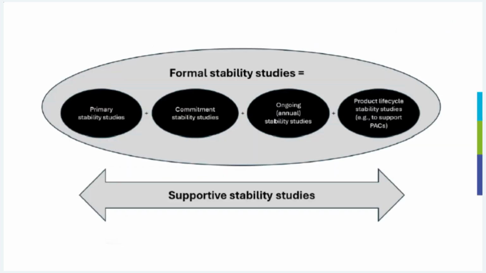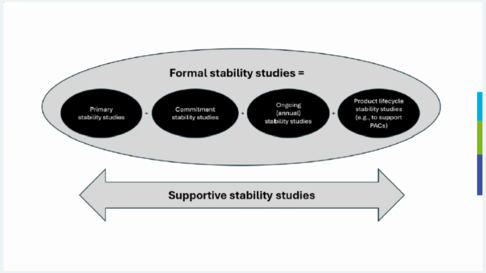In ICH Q1A, they have this figure, and it shows all of the formal stability studies. First one is primary stability studies. These are the studies that you are submitting to the regulatory body to support your application. Then the next is commitment stability studies.